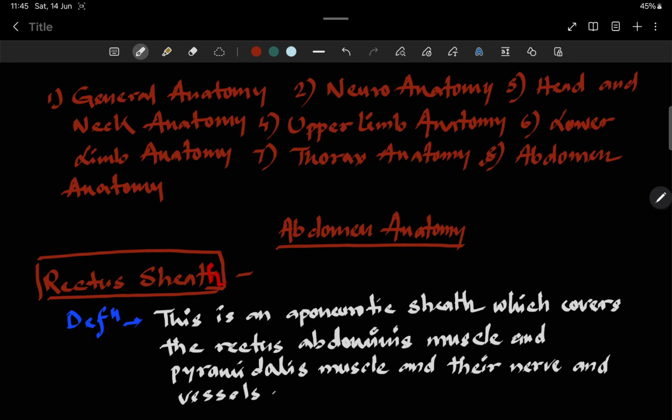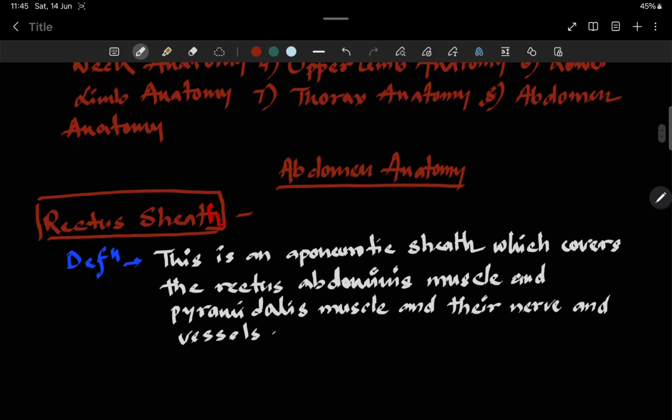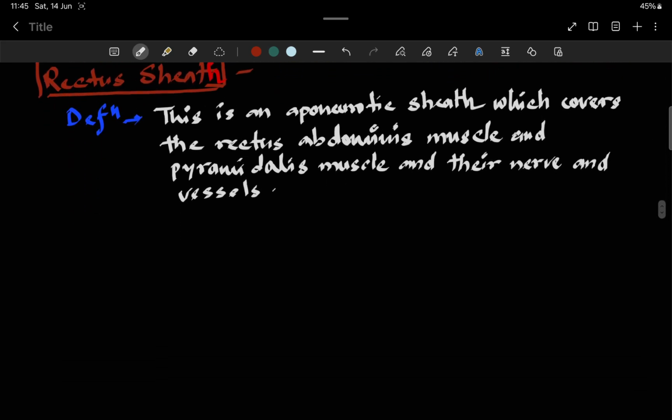So the definition: this is an aponeurotic sheath which covers the rectus abdominis muscle and pyramidalis muscle.